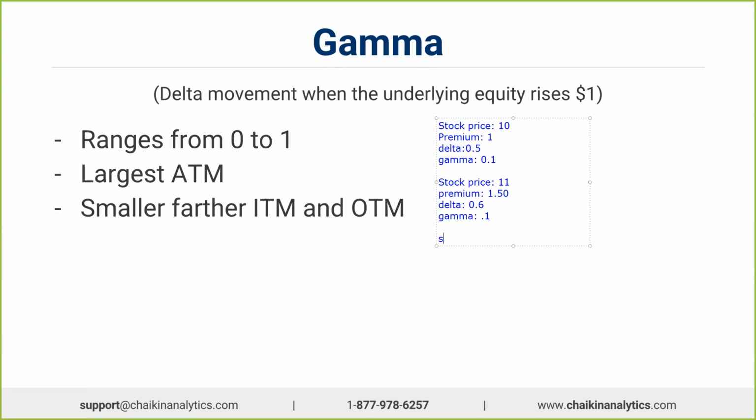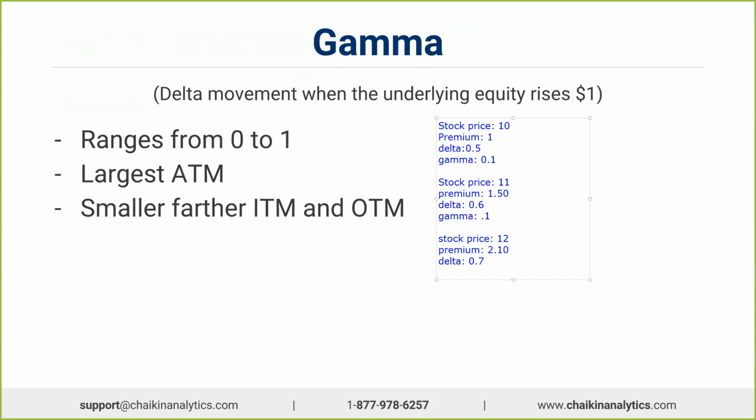So now if the stock price goes to 12, our premium is now $2.10, because our delta says we're going up 60 cents. And our delta is no longer 0.6. Our delta is now 0.7.